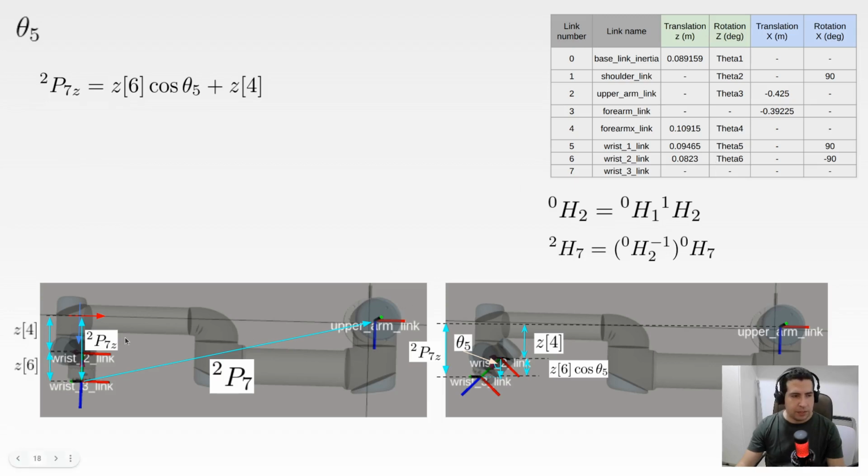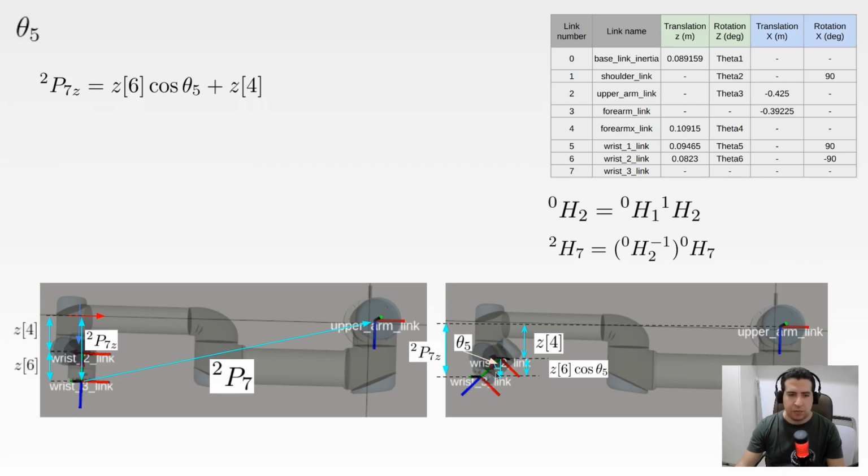So notice that this distance is equal to z4 plus z6, but wrist 2 link rotates by theta 5, and then it changes the position of the wrist 3 link.